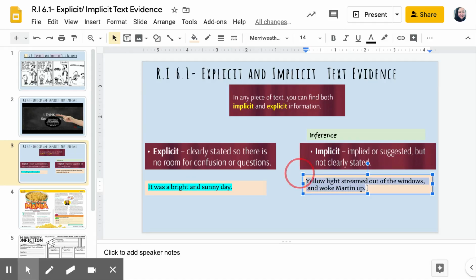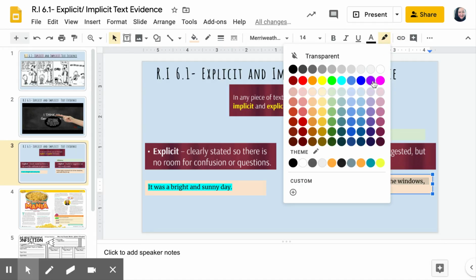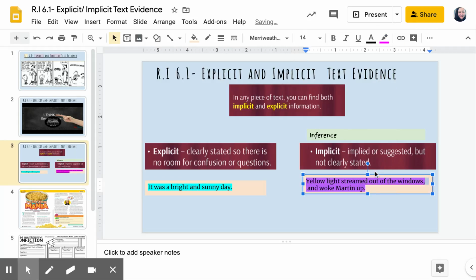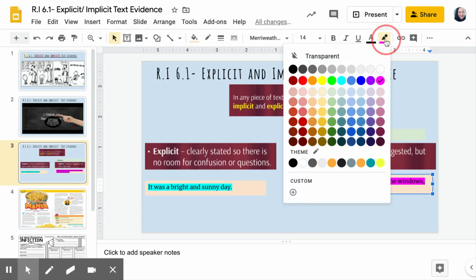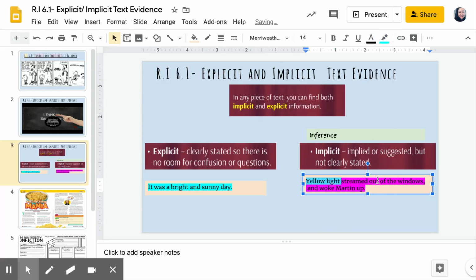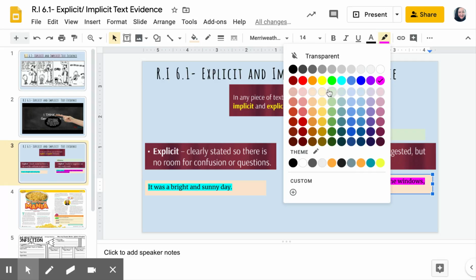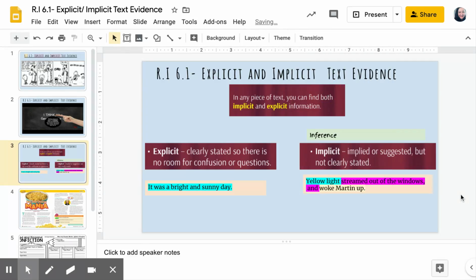So here, the example I have is, yellow light streamed out of the windows and woke Martin up. Now, it's not saying it was sunny, but they're giving us that clue. Yellow light. It streamed out of the windows. It woke Martin up. So you can make an inference and say, oh, it's sunny.